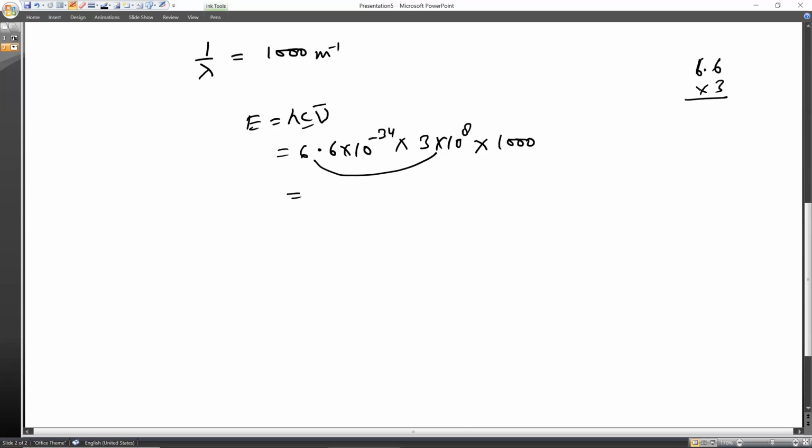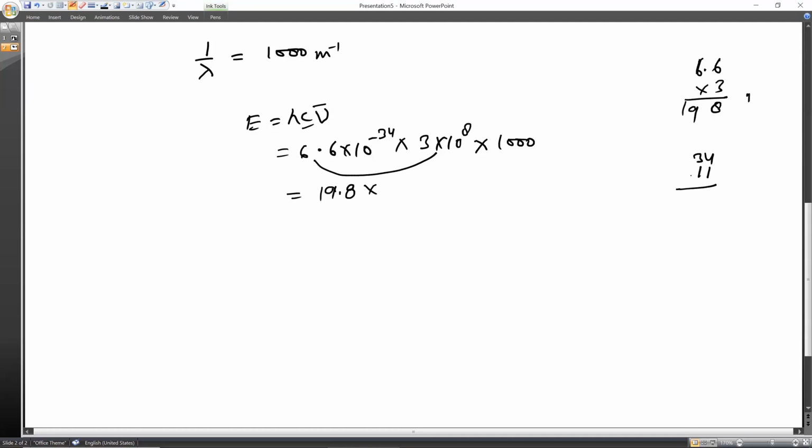So what are you going to get here? Tell me. 3 sixes are 18 and 1 is 19.8. So you write 19.8 into 10 raised to the power. What will you write? 8 and 3 is 11. 34 minus 11, what will you get? 23.